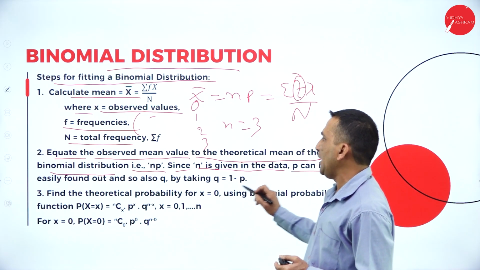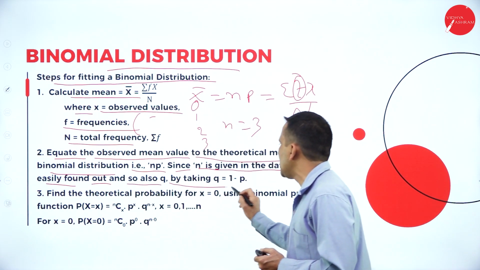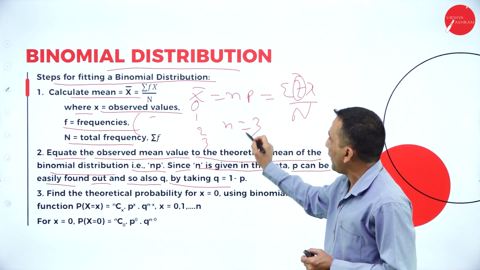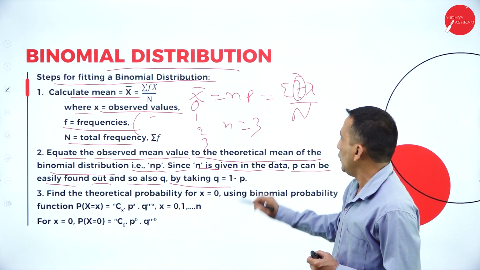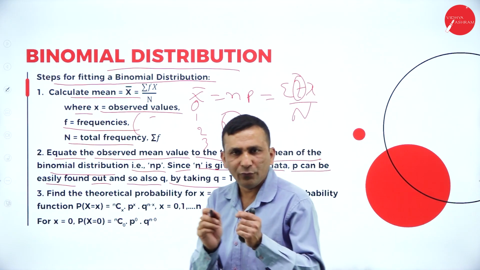So p can be easily found, and q can also be easily found. N is given in the question, and with the help of n we find the value of p.